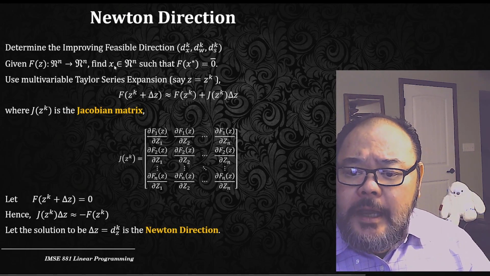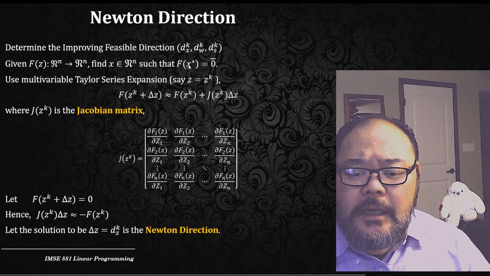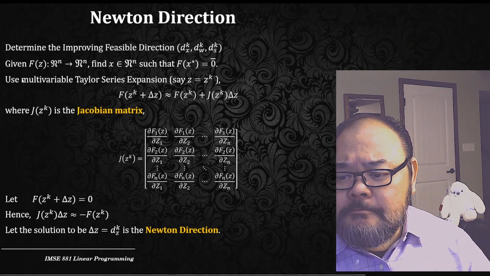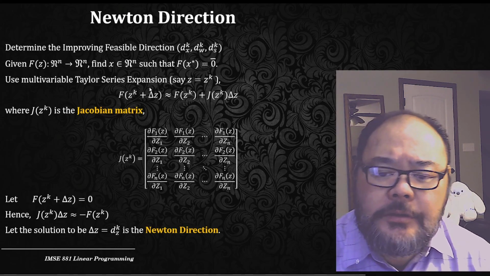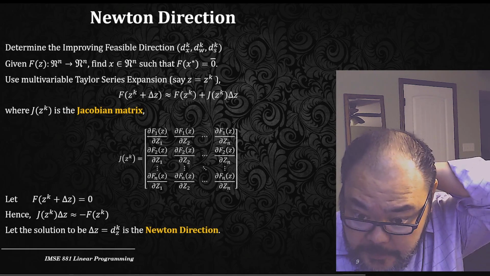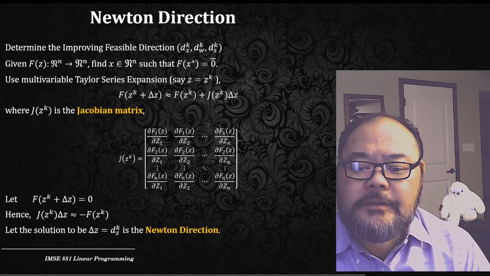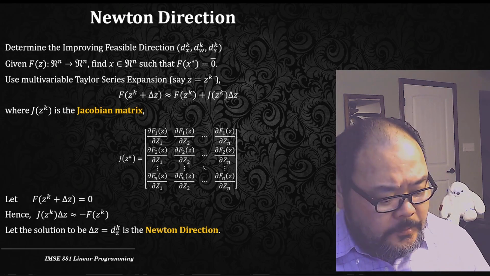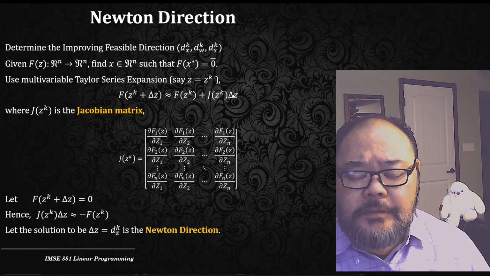We are trying to find x star such that f of x star equals 0. We use a multivariable Taylor series expansion: z equals z_k, z_k plus delta z. If I move from the current z_k by a delta z, we can approximate this by the original f of z_k plus J times delta z.